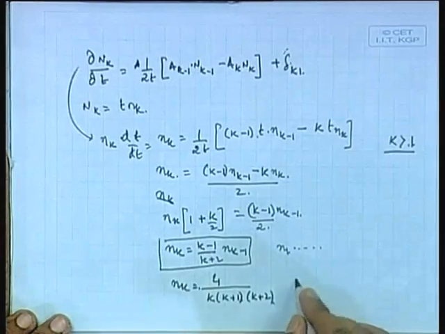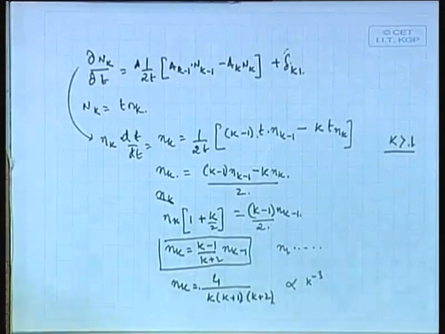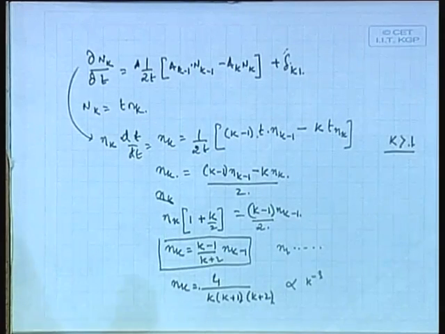So it is proportional to k to the power minus 3, the same old power law exponent of 3. So the beauty is that you can arrive at the same result through various models.